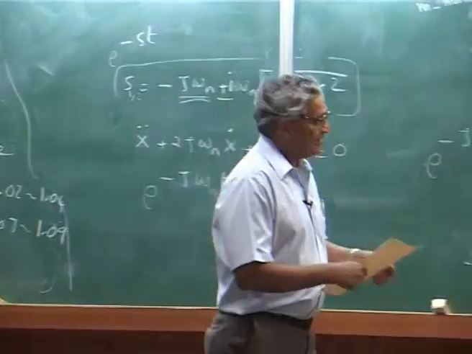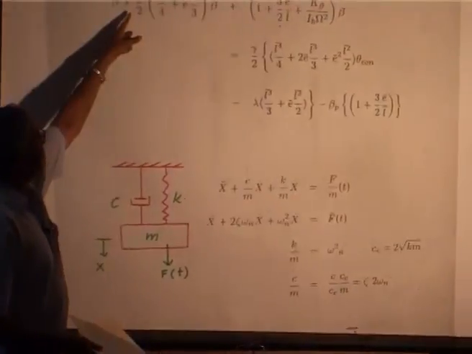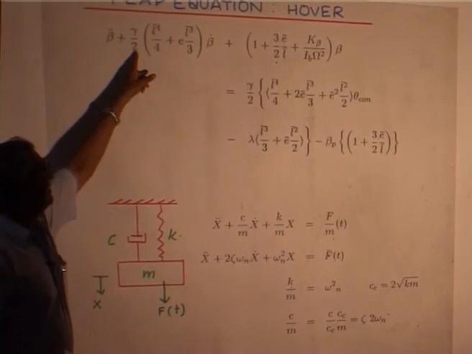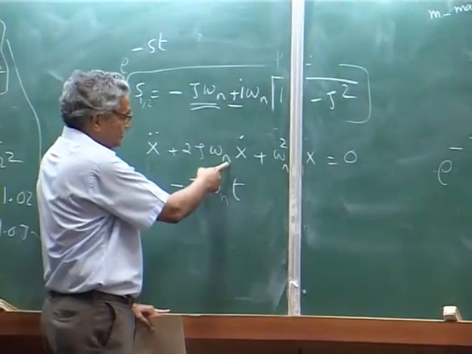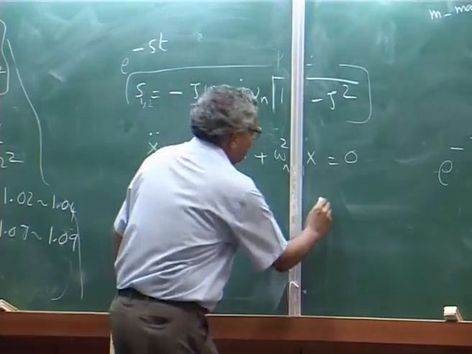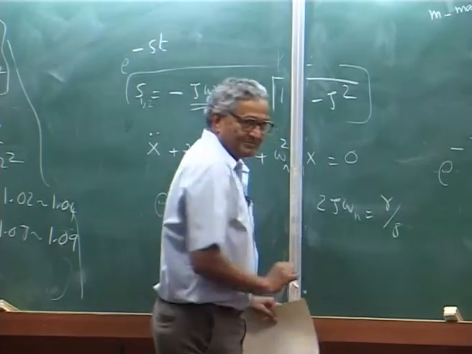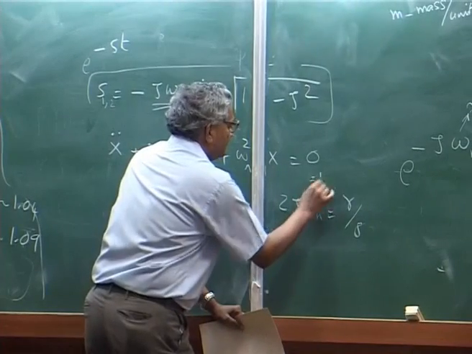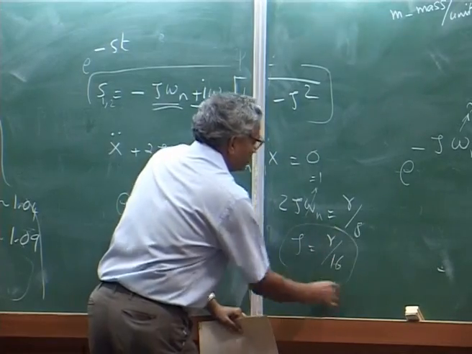So, what is our zeta omega n from here? Because if you look at our equation, 2 zeta omega n is gamma over 8, approximately. That means this is taken as 1. So, zeta is gamma over 16.